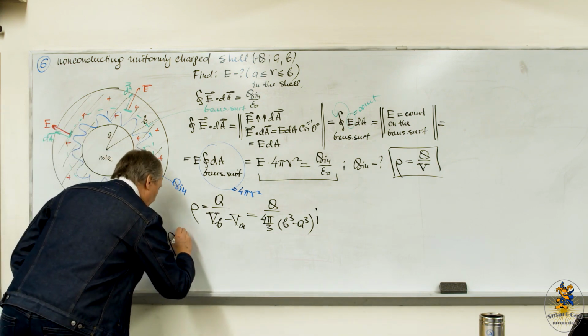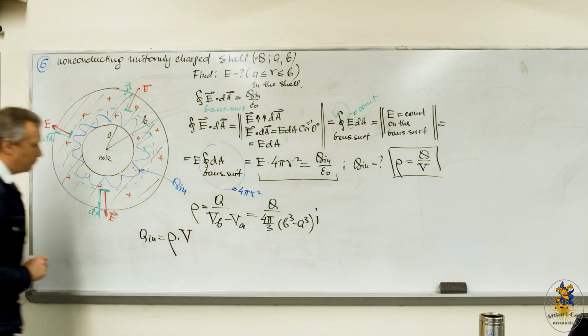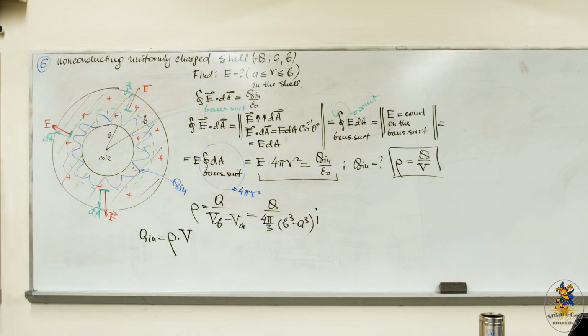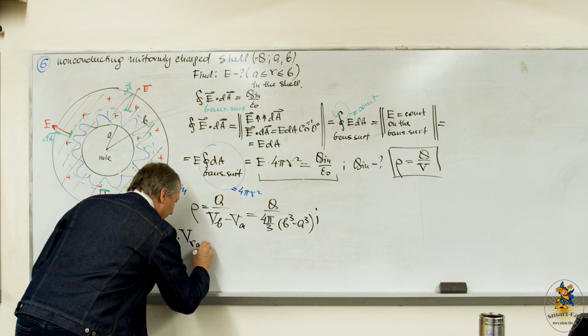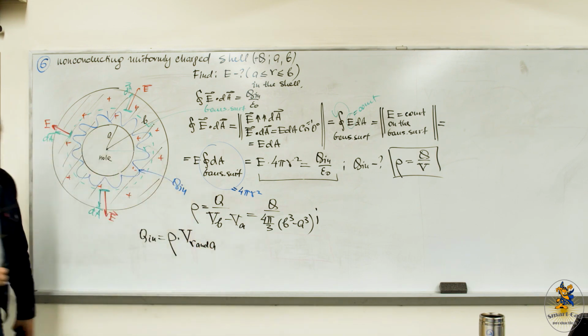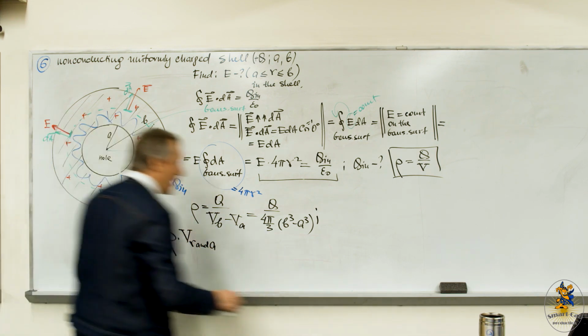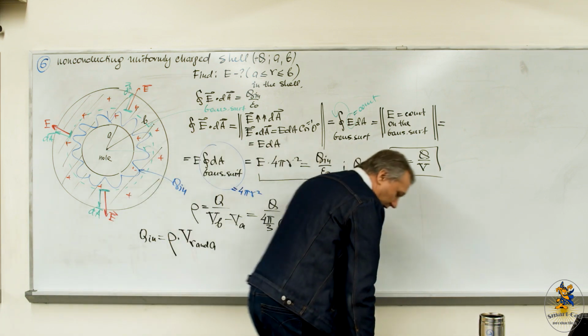So now how should I label it? Volume of, I don't know, between r and a. Or maybe I can just write subscript r and subscript a.